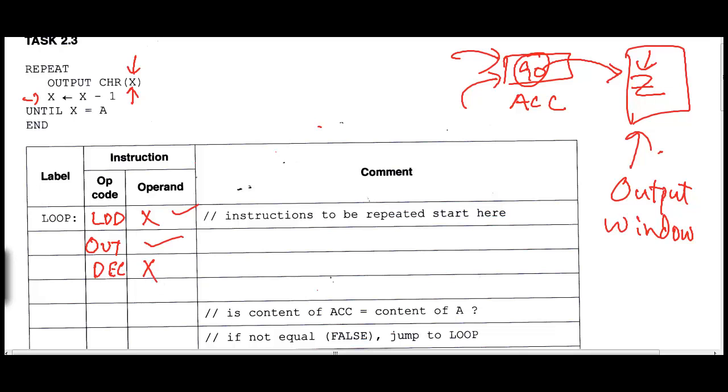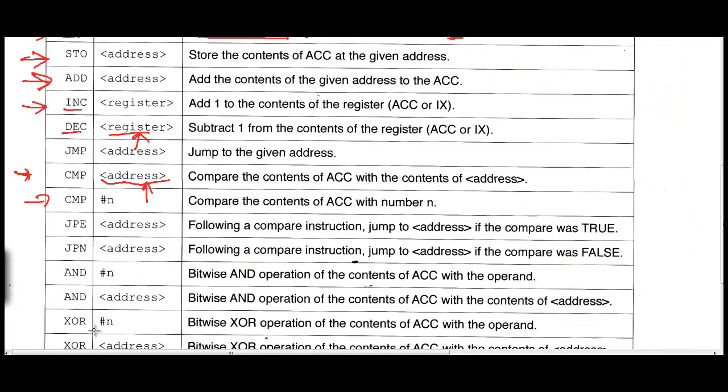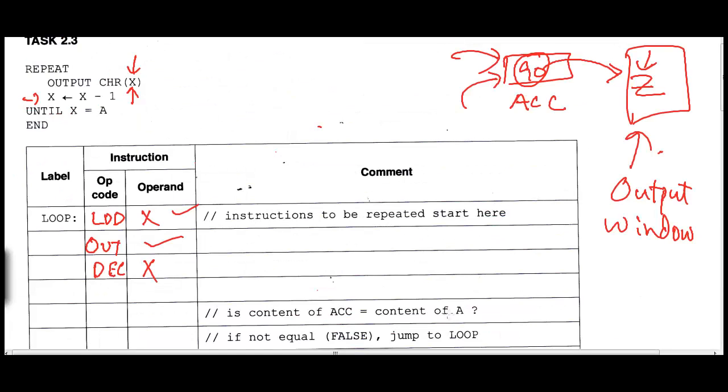So that's the instruction. You can see that in the decrement instruction, as the operand, you can pass the register. The register whose value we want to decrement this time is the accumulator. So I should not be saying decrement X; rather I should be giving the name of the register.